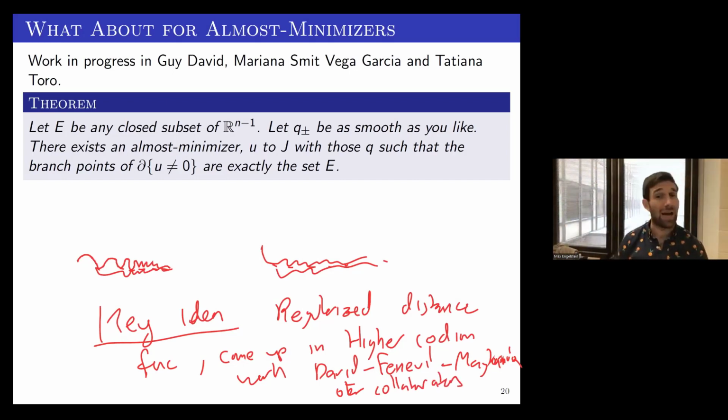So again, it's kind of fun that we have this idea from harmonic analysis, which is helping us out with these variational problems. Anyway, that's all my time.